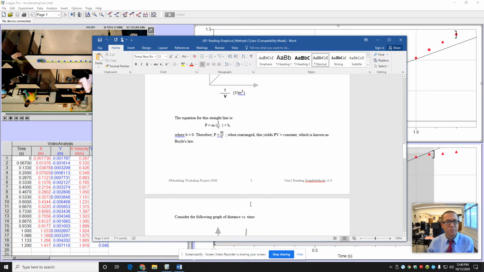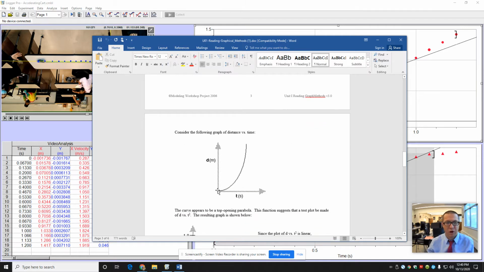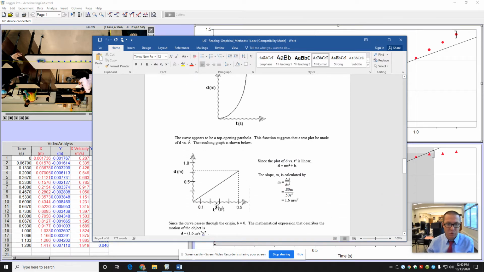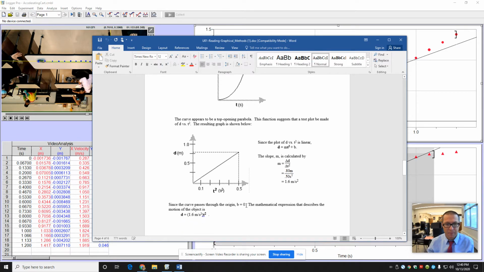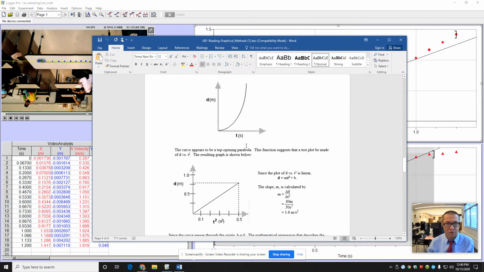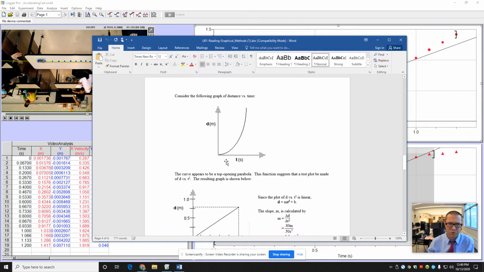Anyhow, if it's a top opening parabola, which looks like this, which is what our position versus time graph looks like, it says to square all the t values and then replot it. So d is not proportional to t, it's proportional to t squared, which we sort of talked about in one of the classes today, because a quadratic follows a form of y equals ax squared plus bx plus c, right? So it's proportional to the square of whatever is on the x-axis.